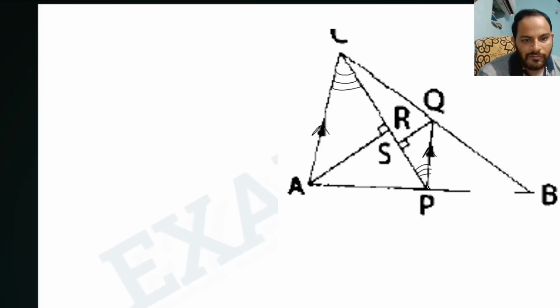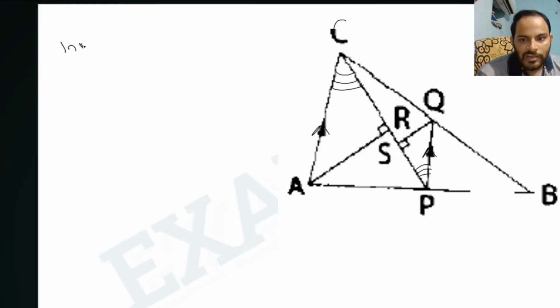Why? Because of alternate interior angles. Again, this is 90 degrees and this is 90 degrees as well. So we can say that triangle ARC and triangle PSQ are similar by the angle criterion.